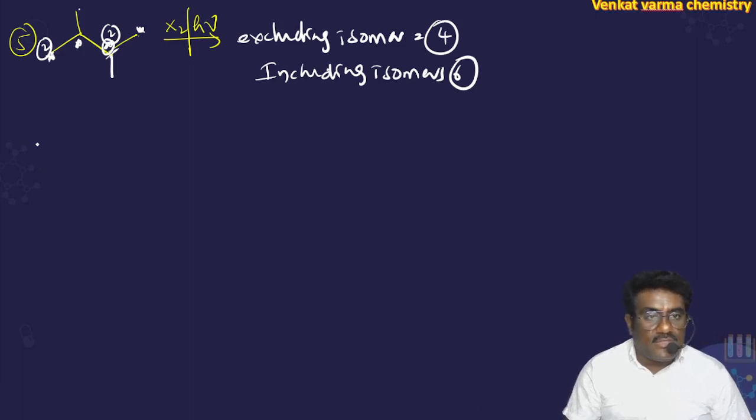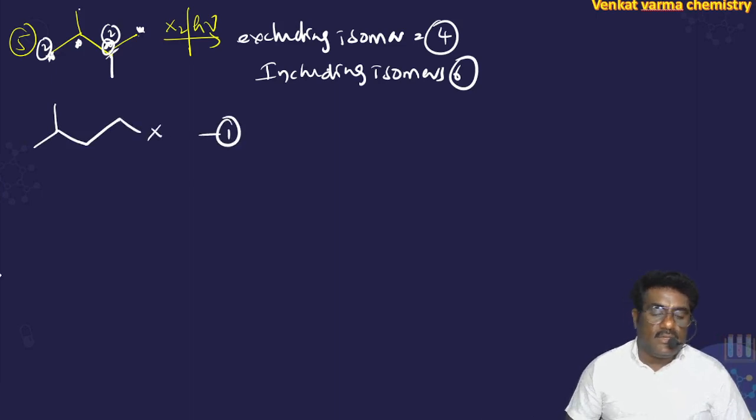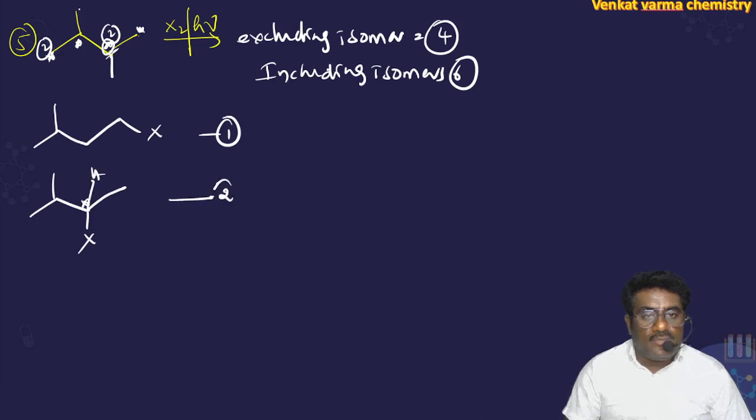See the first one. Product. Yes, I am writing the second one. It is a chiral center. It forms 2 products. Again this one gives 1 product.